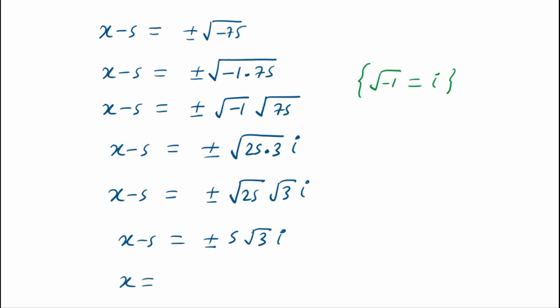Here x equals 5 plus minus 5 times square root of 3 iota. We have two possible values of x. The first value of x is 5 plus 5 times square root of 3 iota, and the second value of x is 5 minus 5 times square root of 3 iota.